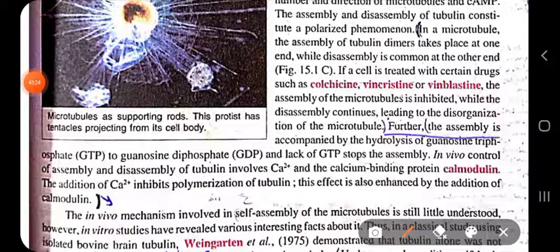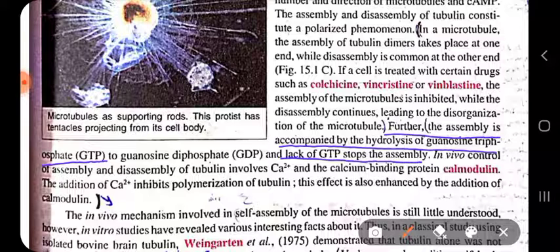Further, assembly is accompanied or helped by hydrolysis of a GTP molecule, and lack of GTP stops the assembly. For disassembly, as I have said, we can use drugs like colchicine, vincristine, and vinblastine so that the positive growing ends of the microtubule are inhibited while disassembly continues.